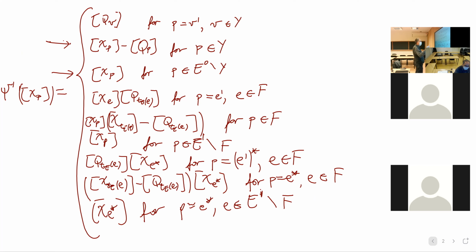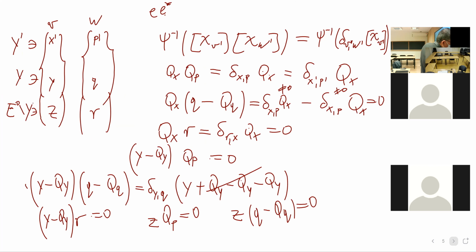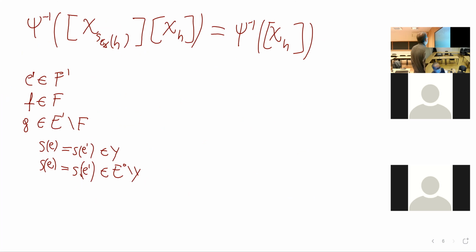So I deprime it and write E times QT. So this is this part, psi inverse of chi h.